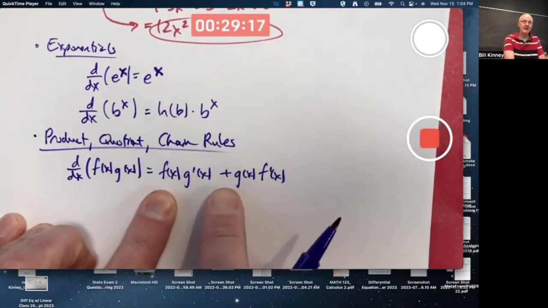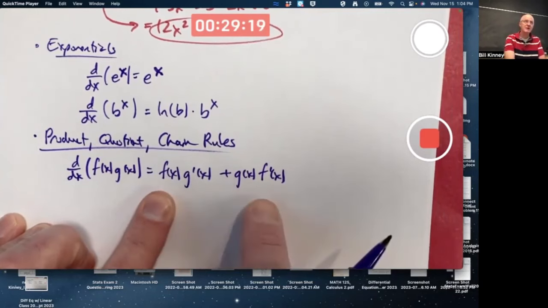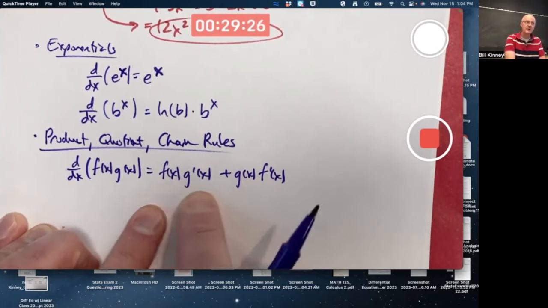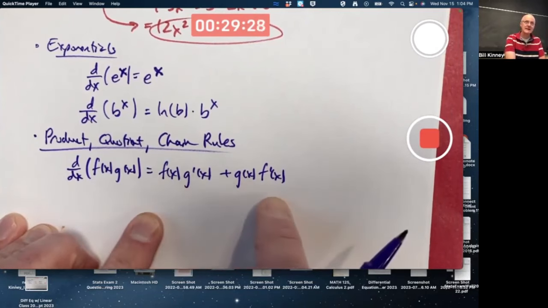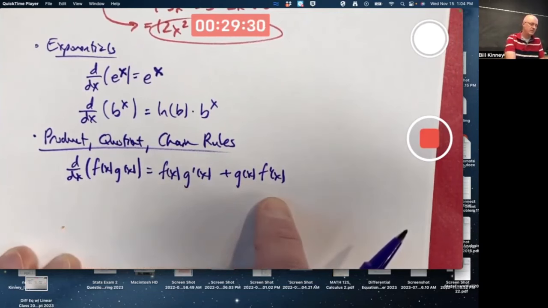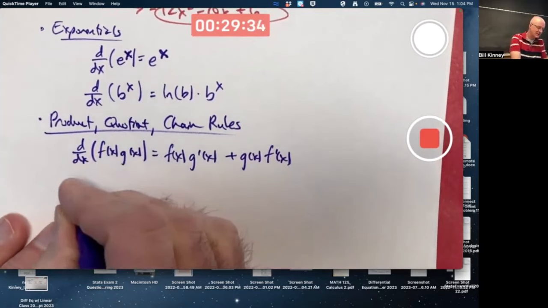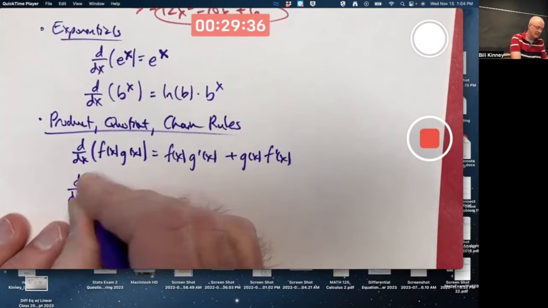Because of the plus sign there, because addition is commutative, you could switch the order of these things. Multiplication is also commutative, you could switch the order of these things. That works for the product rule. It does not work for the quotient rule because subtraction is not commutative.